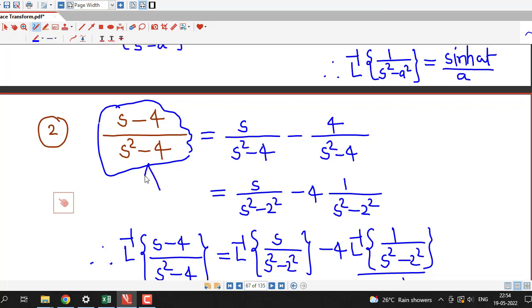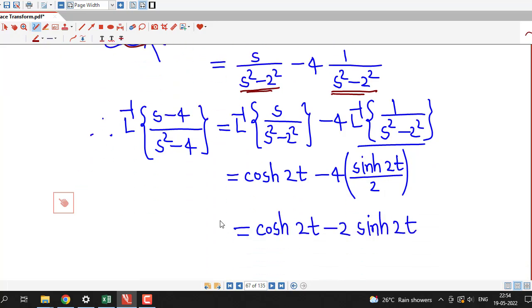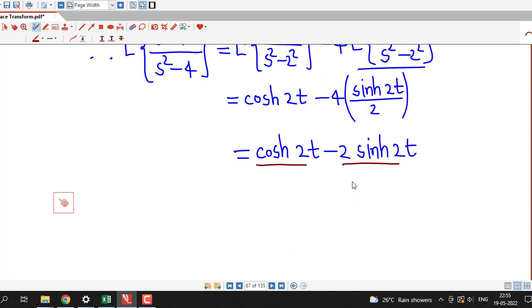We don't have any formula for this function, so we are writing this function as s divided by s square minus 4 minus 4 divided by s square minus 4, and we have formula for these two functions, and using the linearity property we are able to decide the L inverse of s minus 4 over s square minus 4, and it is cos hyperbolic 2t minus 2 sine hyperbolic 2t.